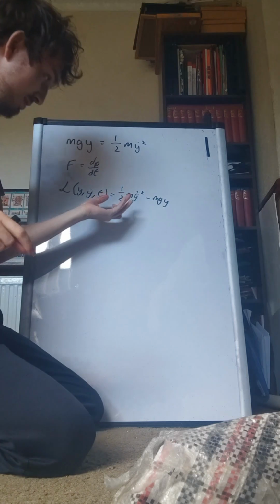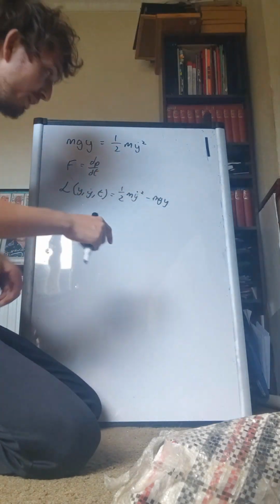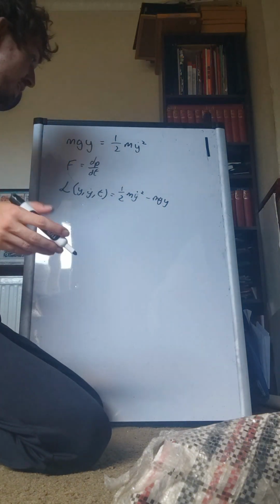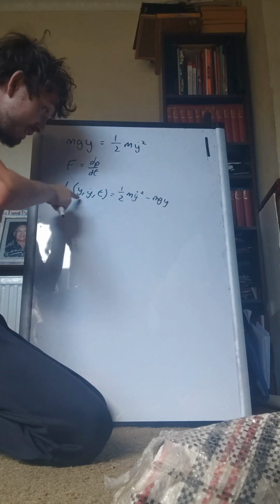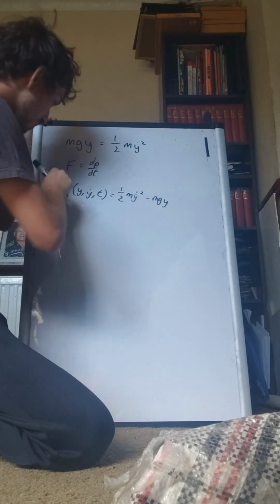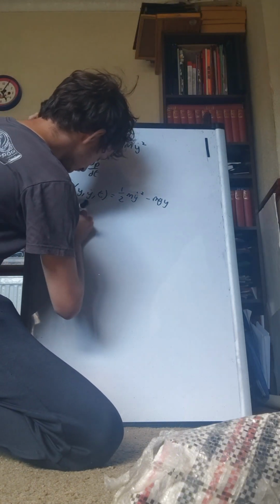Because there's no y there, it's just y dot. And the y here is going to go away, leaving just the minus mg, right? So differentiating this with respect to just y is going to give us a force, minus mg. So that's our left-hand side. We can write dL/dy. That's a force. But what about this dp/dt?